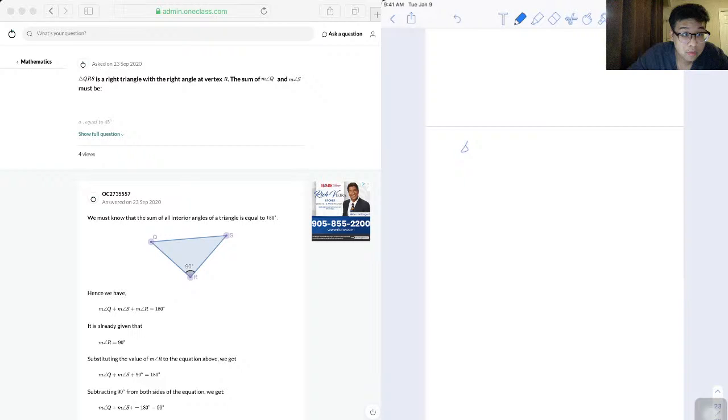Triangle QRS is a right triangle with the right angle at vertex R, and the sum of Q and S must be... okay.